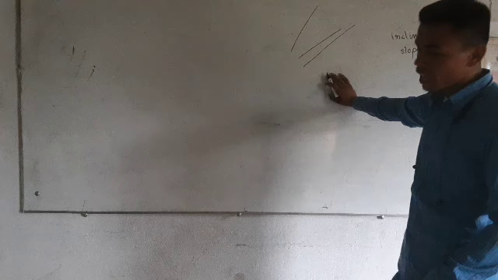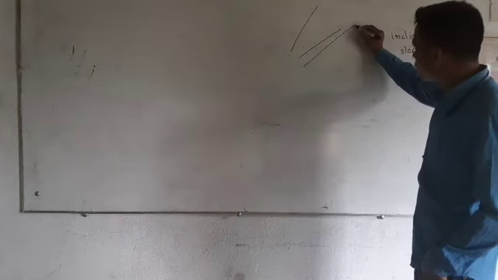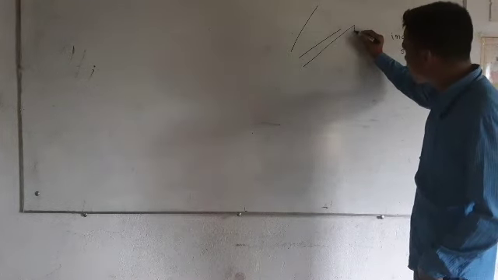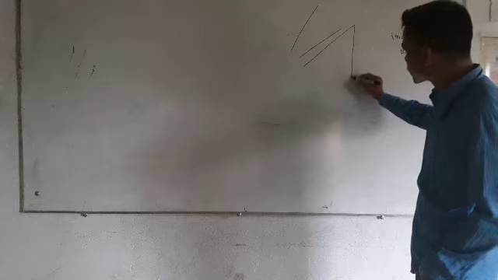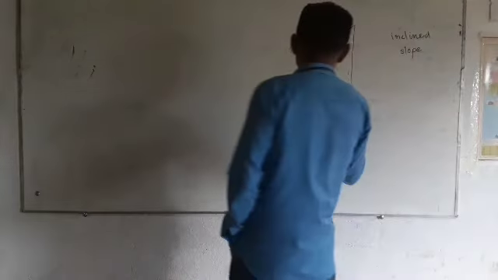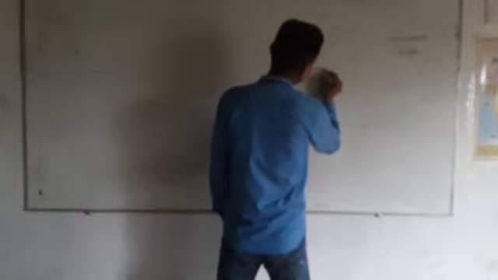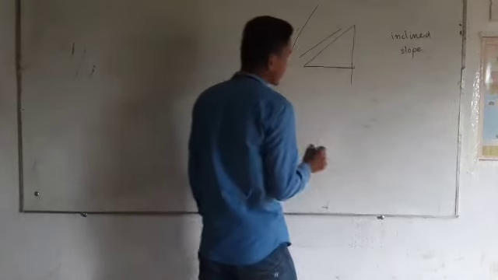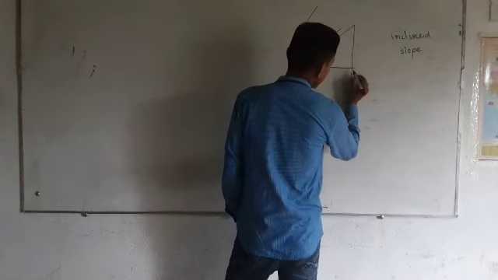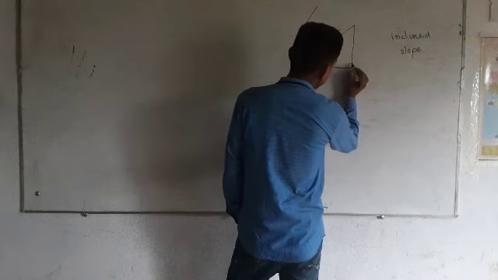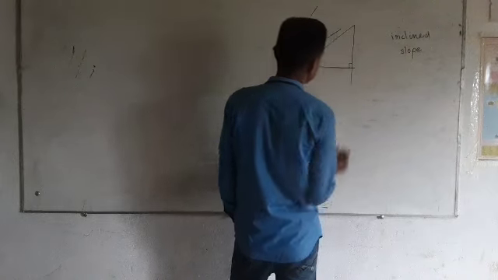So how to find it? I just draw a vertical line downwards like this, and then I draw a horizontal line to meet that vertical line like this. I just mark the point of intersection. Okay, these two lines intersect at an angle of 90 degrees.